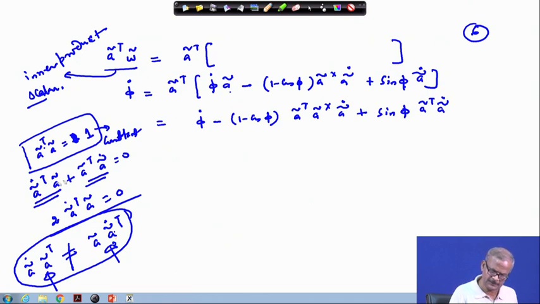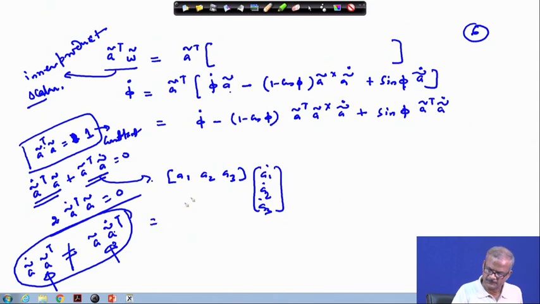But in this case, because it is an inner product, it will basically give you terms like A1, A2, A3 and here you have A1 dot, A2 dot, A3 dot. So, A2 times A2 dot plus A3 times A3 dot, and you know that I can put it in the front, because it is a scalar quantity, so it does not matter.